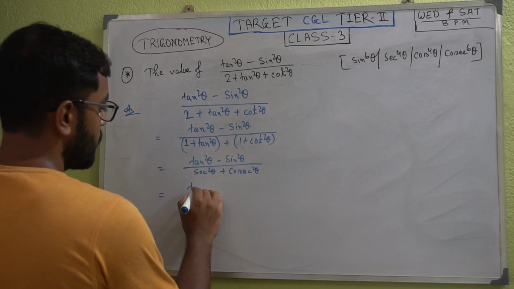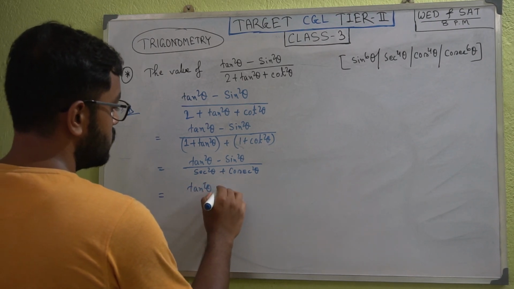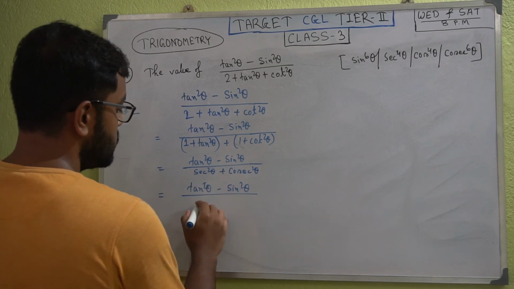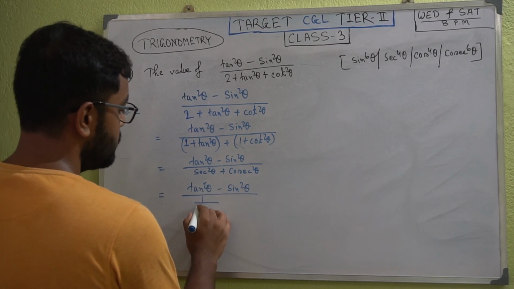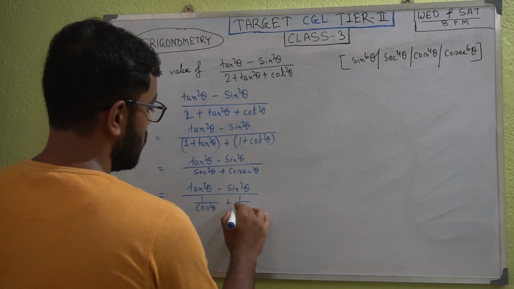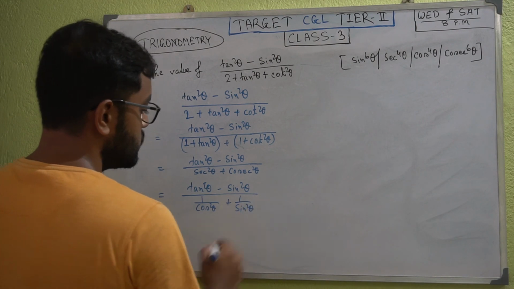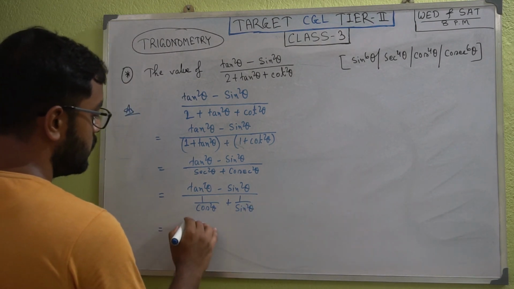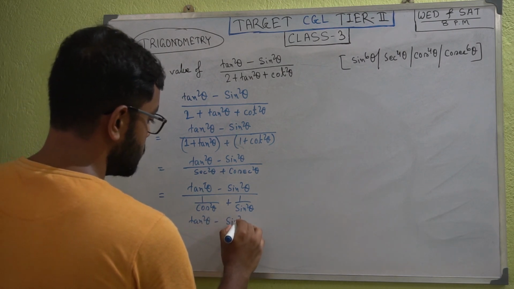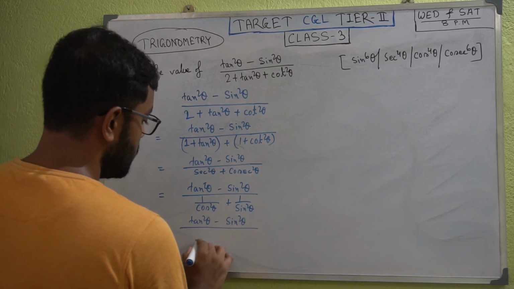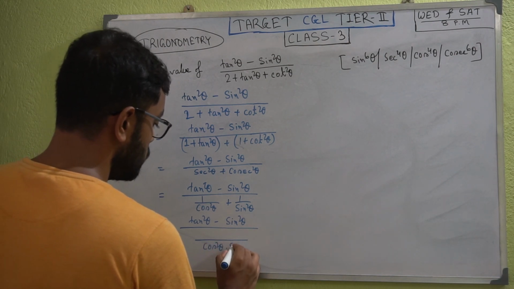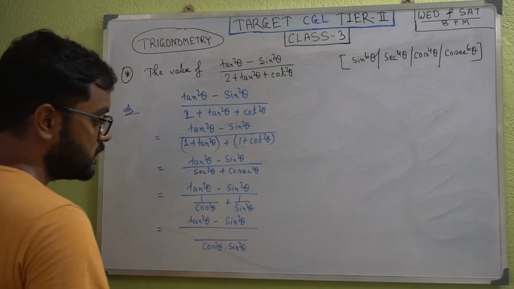Now tan square theta minus sin square theta by sec square theta means 1 by cos square theta plus 1 by sin square theta. Here LCM is cos square theta into sin square theta.